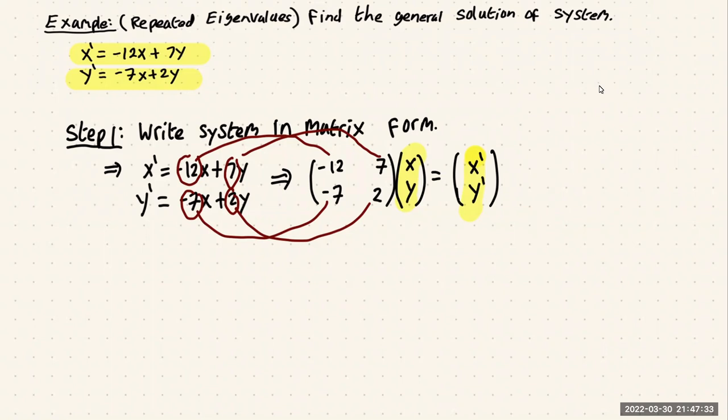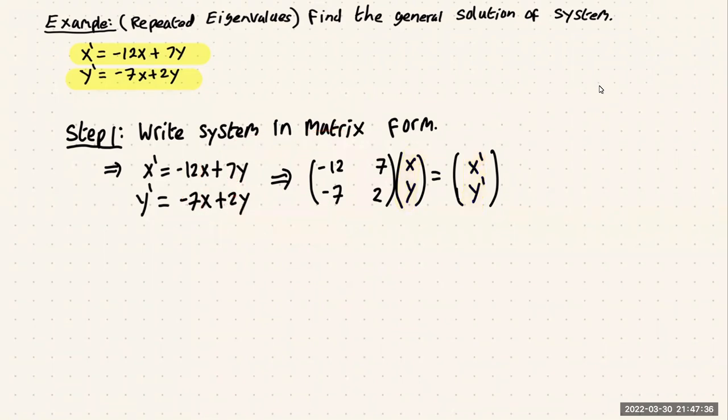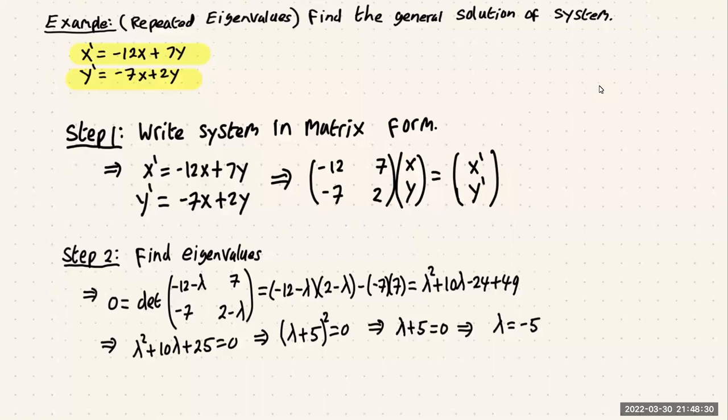Now let's look at step 2. So for step 2, we're going to find the eigenvalues. So let's do that. Okay, so to find the eigenvalues, we're going to look at the determinant of this matrix here. And that matrix I got from our matrix on top by subtracting lambda, so it'd be negative 12 minus lambda here and 2 minus lambda here.